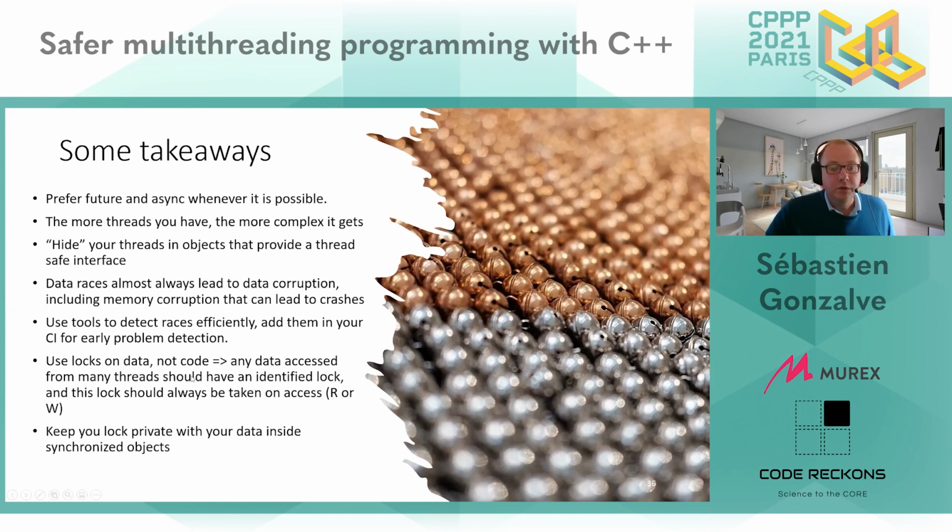You should use tools to detect your data races. Lock data and not your code, so that it's easy to check that each time you access the data, you have a lock. And especially if you put this data as a private member in a class, all locks and data will be in a single CPP file, and it's really easy then to see if the locks are correctly taken.